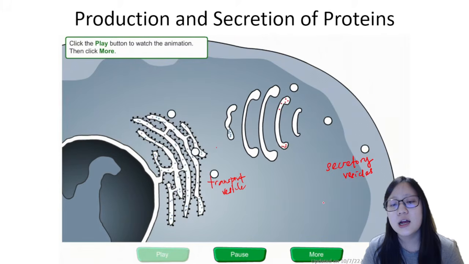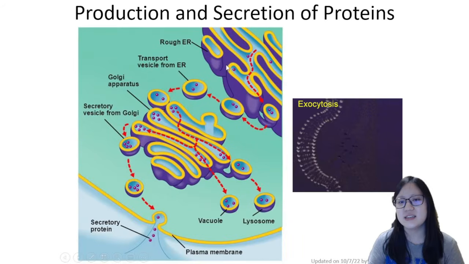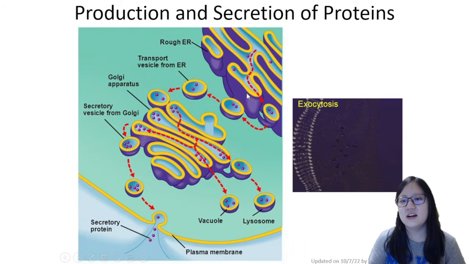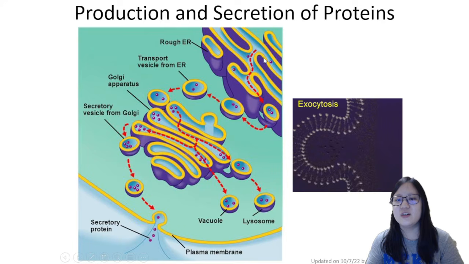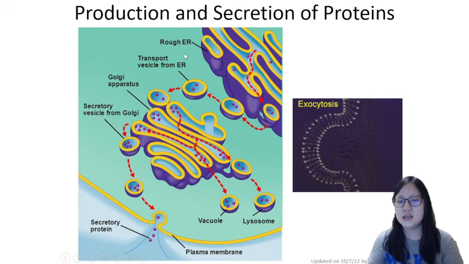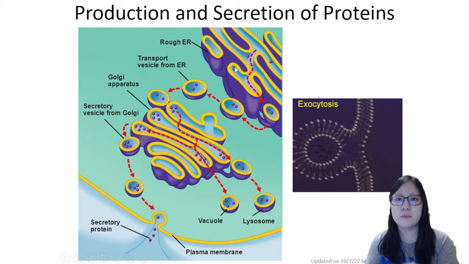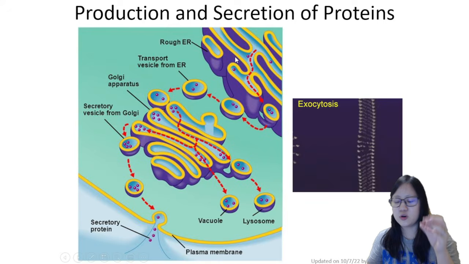Let's look at another image of this, right? This is a labeled image. You can see here again, the proteins form in the rough endoplasmic reticulum. Bear in mind, proteins form, as in polypeptides form. Amino acids are not formed, right? Amino acids are joined together to make proteins.